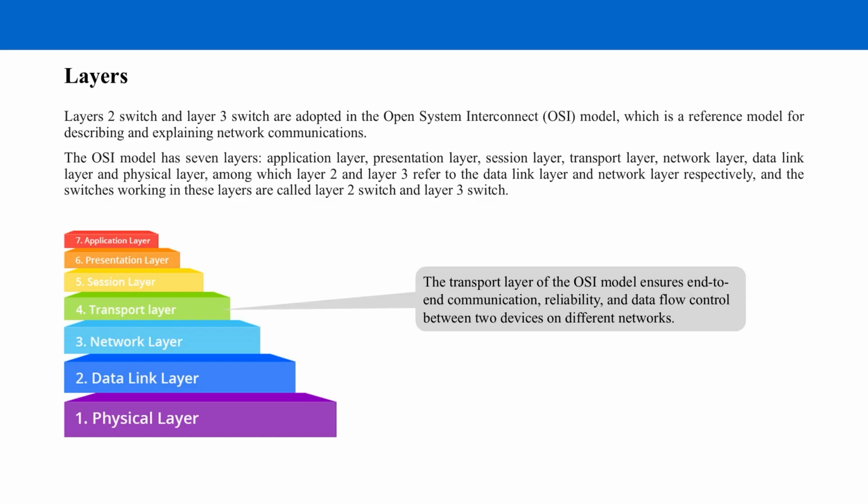The next layer, layer 4, is the transport layer. It ensures end-to-end communication, and also makes sure the transmission and communication between the devices in the network or in the system is reliable. It handles the data flow control between two devices on different networks.